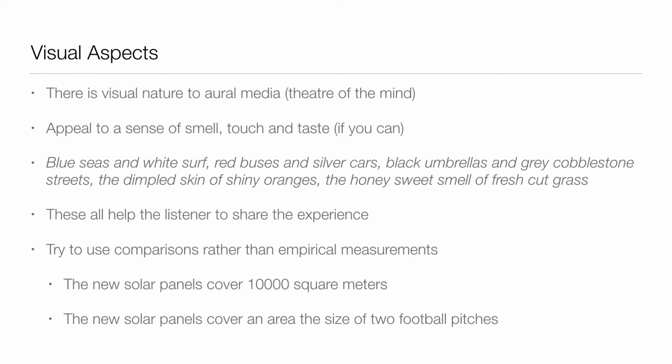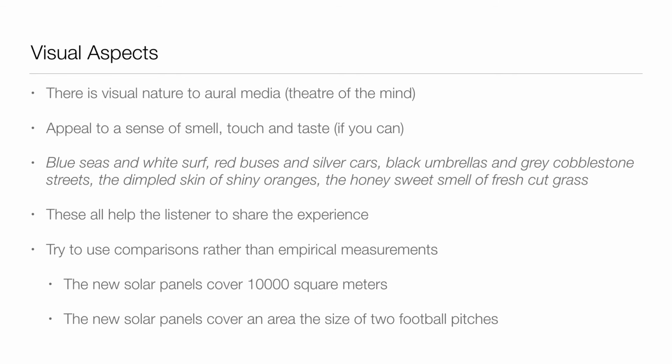The idea behind using words or phrases like this is to help the listener share an experience. So you can maybe describe a room, or if you're conducting an interview somewhere, describe what the place was like, or if there's a particular smell or anything like that, because it can help to populate the stage in the theatre of the mind.